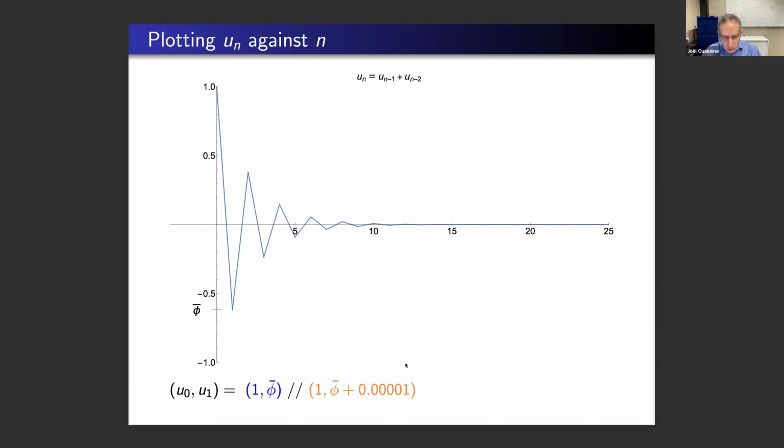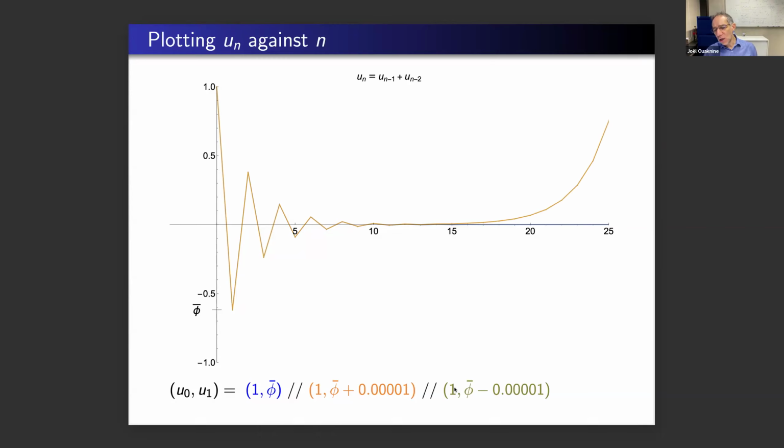Now, what if I start at 1, comma something that's a tiny bit bigger, smaller in absolute value, but let's say bigger than phi bar, the Galois conjugate? Then what happens is initially, of course, I will mimic the previous sequence very closely, but eventually I will diverge, as we can see, to plus infinity.